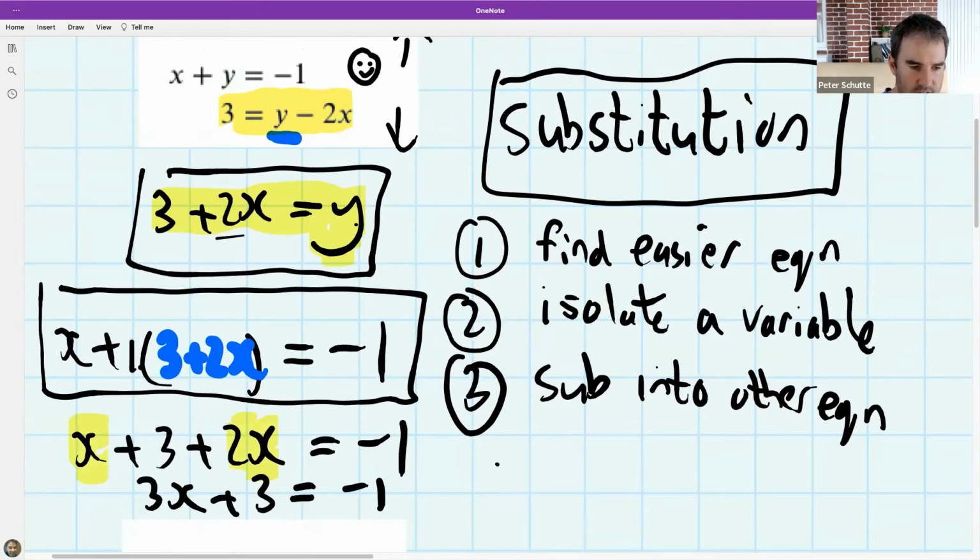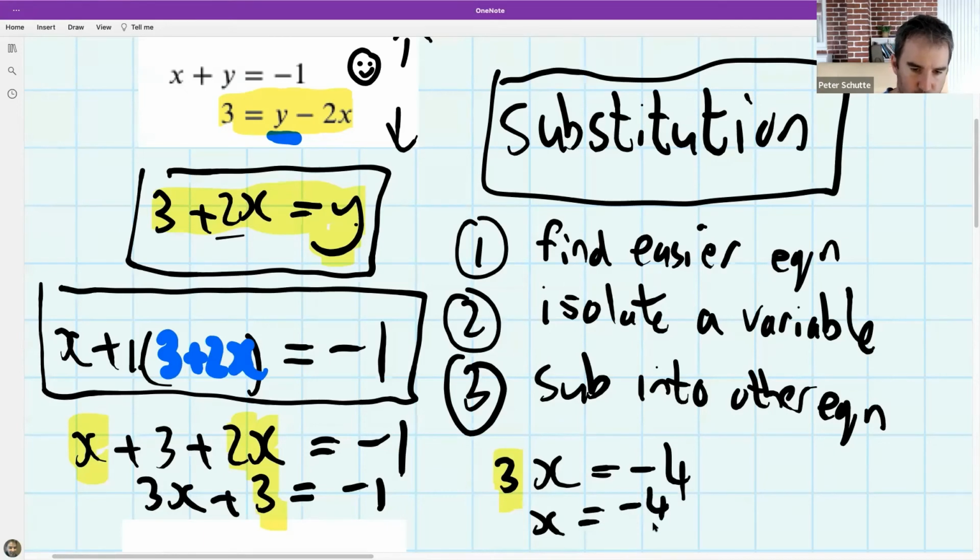And then if I focus on taking away 3 from both sides, I'm going to get 3x equals minus 4. And then if I divide both sides by 3, I should get x equals minus 4 over 3.